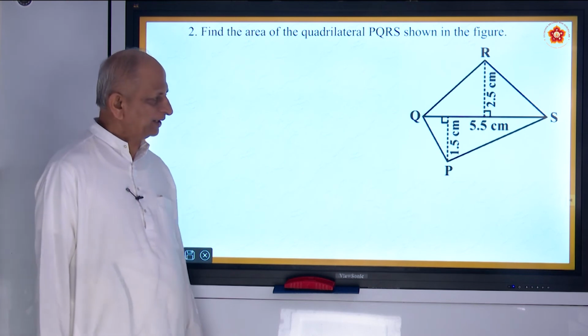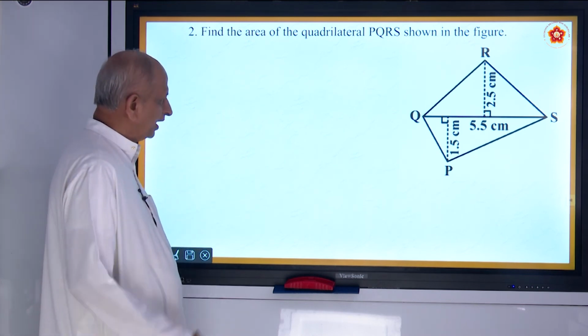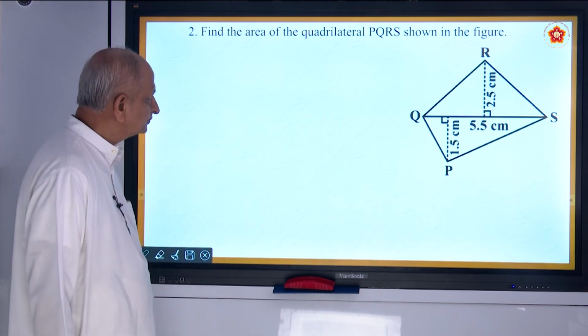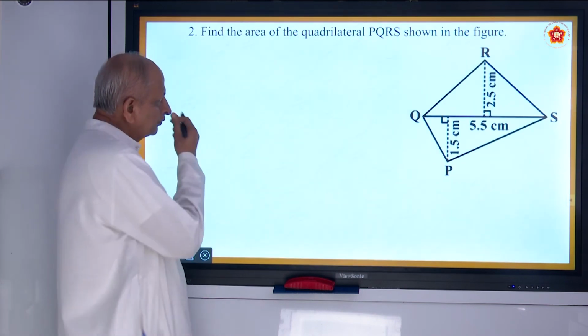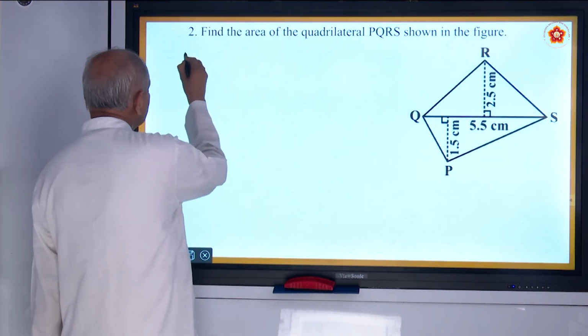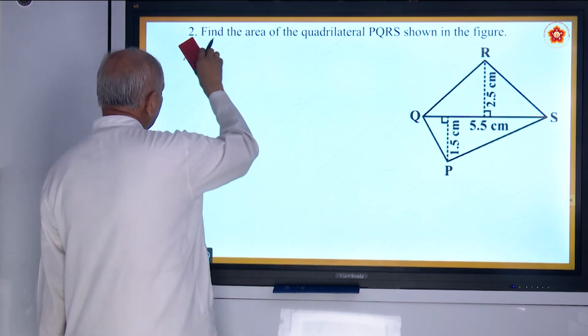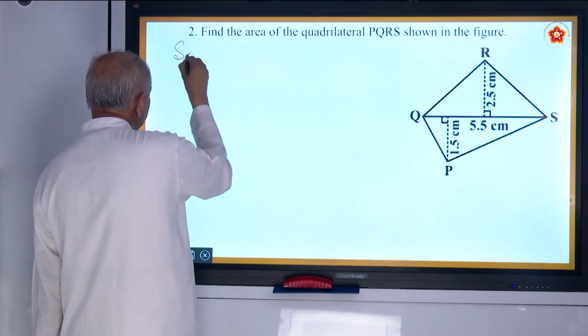Here is a quadrilateral called PQRS. They are asked to find out the area of PQRS. The same way as you have done earlier. We will try now. So first you must write what is given. So, solution.